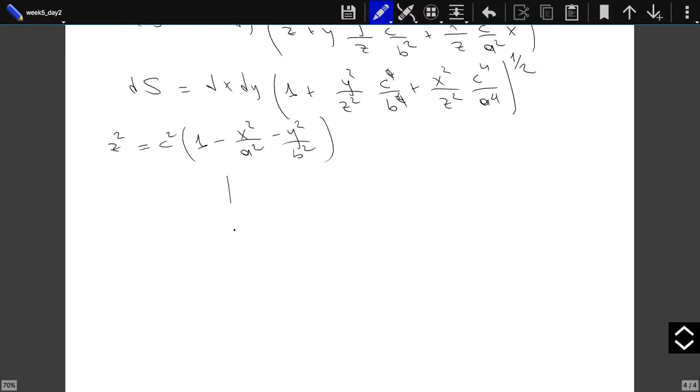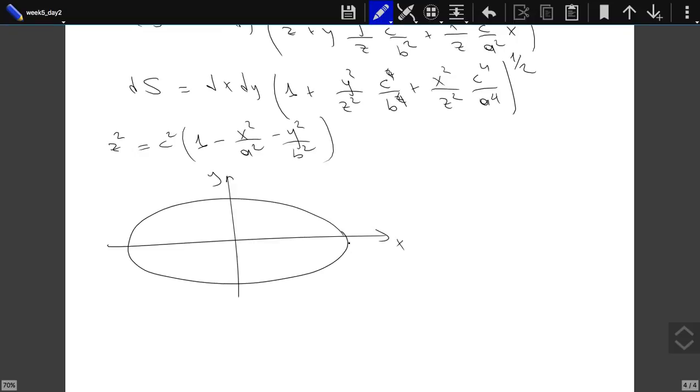You see, on the xy plane, your integration region is this one. This is a, this is b. X squared over a squared plus y squared over b squared equals 1. This is your integration region. By the way, now you can go to some kind of angular coordinates.